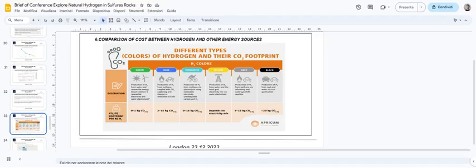In this scheme we have different colors of hydrogen and their footprint. The biggest footprint is clearly from gray and black hydrogen, which are produced respectively from methane reforming and from coal.